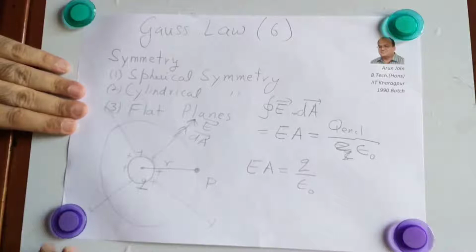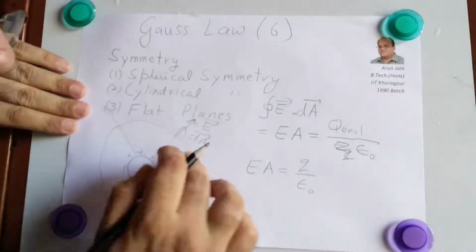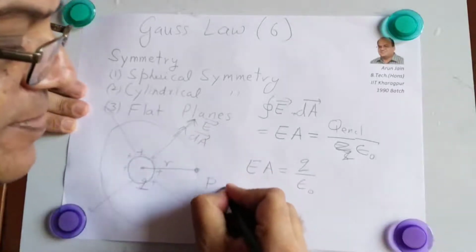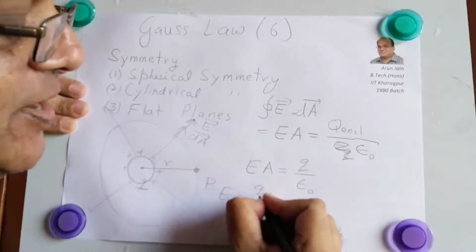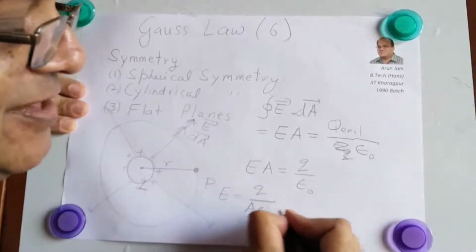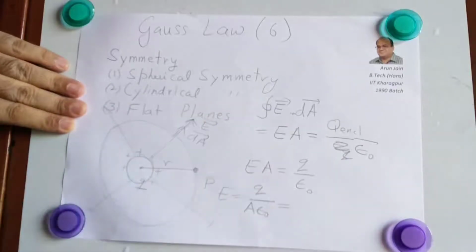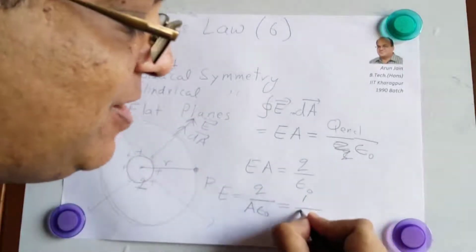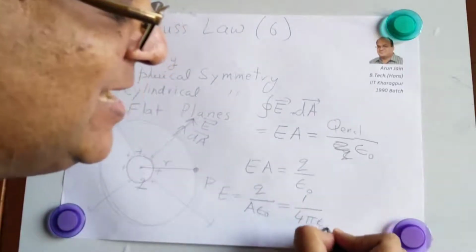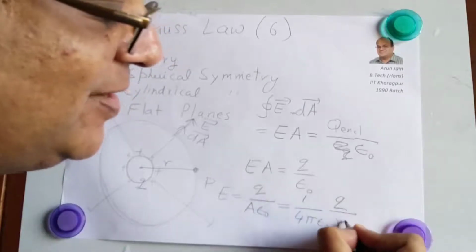Therefore, the electric field here will simply become q by A epsilon naught. Area here is 4 pi r square, the surface area of this Gaussian surface. So we'll get 1 by 4 pi epsilon naught q by r square.